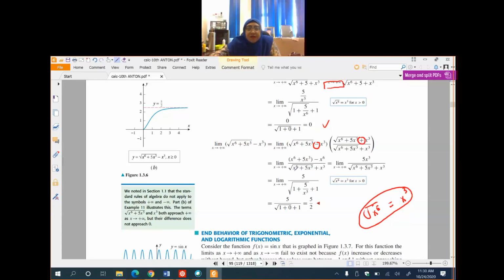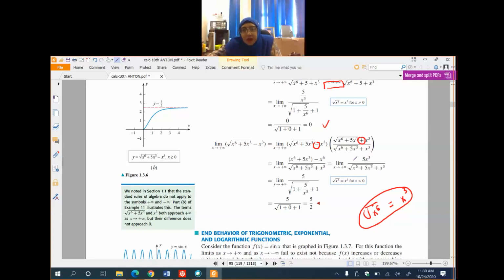So what is left will be 1 plus 5x to the power of 3 divided by x to the power of 6. So you get 5 over x to the power of 3. And then plus x to the power of 3 over here, because you divide with x cubed, it will be 1.